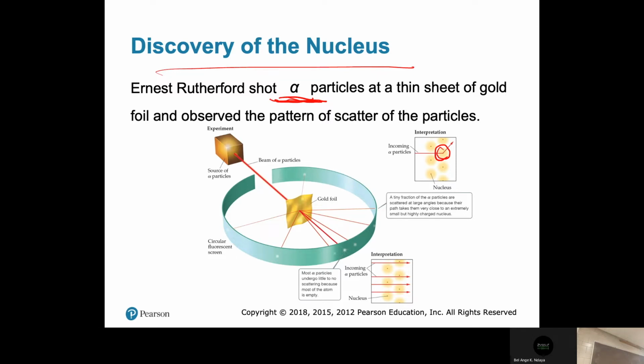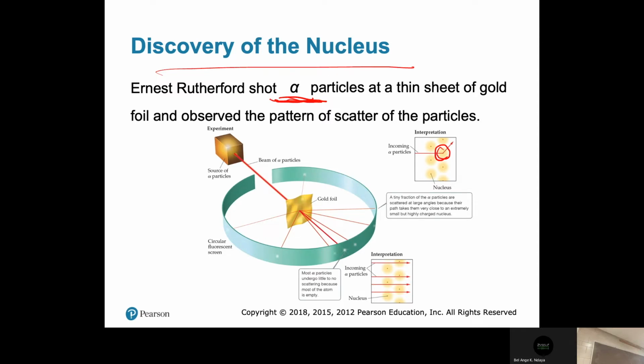And so that disproved the plum pudding model, which I also call the chocolate chip cookie model, right? That model thought it was a sea of positive charge with speckles of electrons around, or maybe vice versa, I can't remember. But who cares? They were wrong.